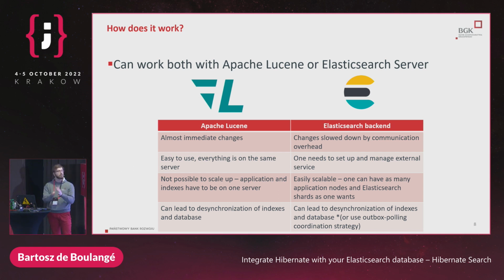You could use Apache Lucene when you want almost immediate changes, as it is only on one server. It's easier to use as you don't have to put up a new server, and sadly it's not possible to scale up. Application indexes have to be on the server, which can lead to desynchronization of indexes and database. So a more common solution I would suggest is the Elasticsearch backend.